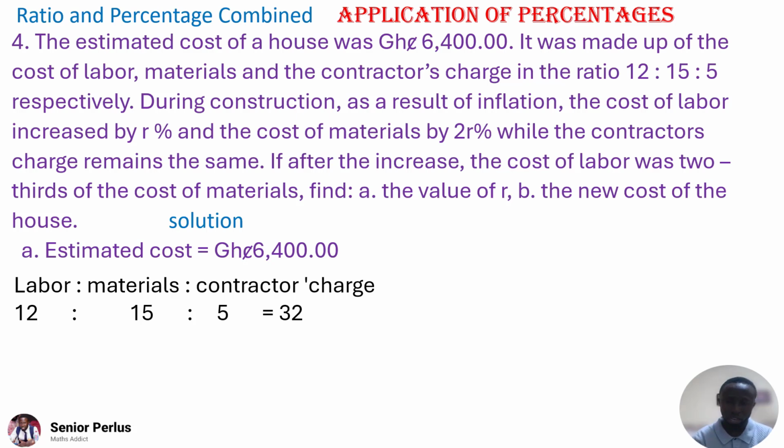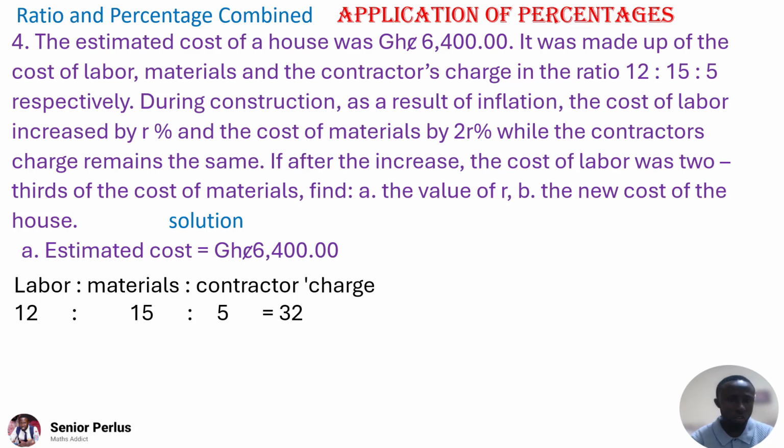The total is 32. Now, during the construction, as a result of inflation, when there's inflation, the price of goods will rise. Okay, good. So the cost of labor increased by 0.5%. Okay. So before we know the cost of labor and the cost of material, let's use the ratio.